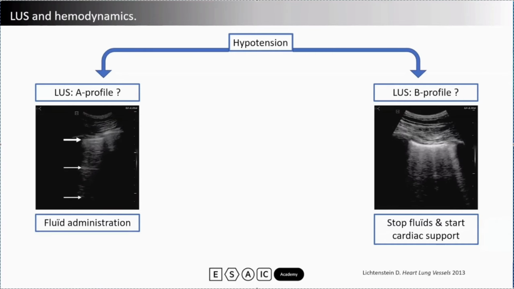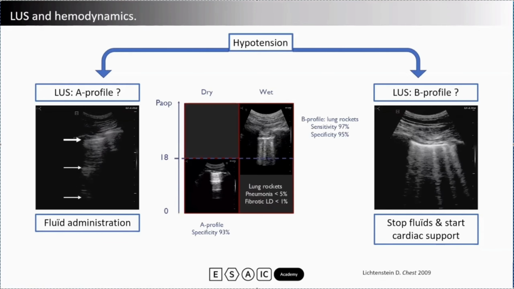If you have an A profile, this means you have dry lungs, you can add fluids. Or whenever you see B lines, as you will notice on the right video, this probably means cardiogenic pulmonary edema. You should avoid fluids, of course, and you need to support the heart.